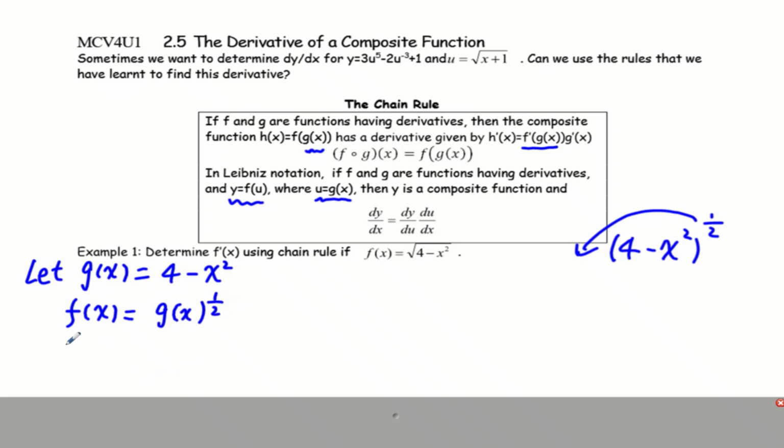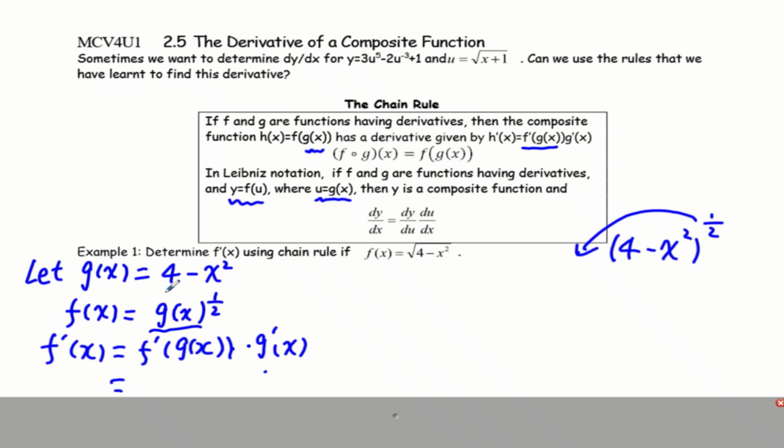So now we take the derivative: f prime of x equals f prime at g of x, times g prime of x. To take the derivative with respect to g of x, we treat g of x as one variable.